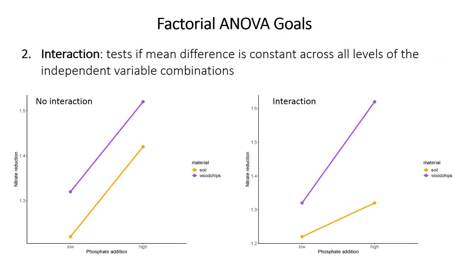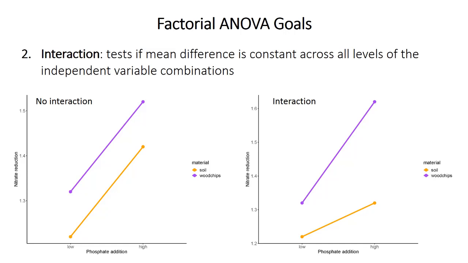The second thing that can be assessed is whether there is a significant interaction between the factors. And this is whether the mean difference is constant across all levels of the independent variables. And so the graph on the left shows an example with no interaction. The shift from low to high phosphate causes the same change in nitrate regardless of material.